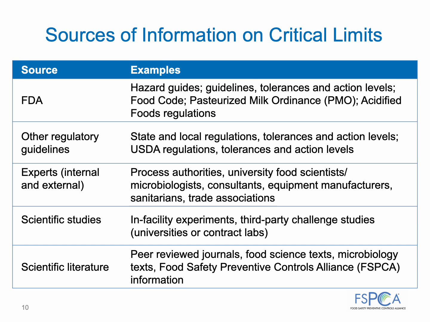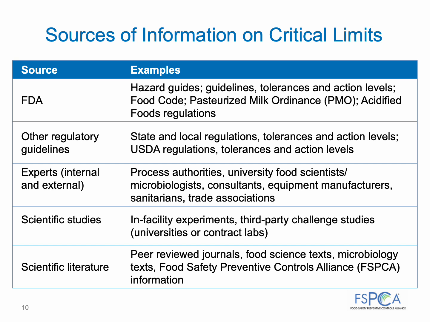Trade associations, process authorities, industry scientists, university and extension scientists also offer expertise and guidelines. Scientific studies for specific products can be conducted within a facility, at a contract laboratory, or at a university. Information can also be obtained from peer-reviewed scientific literature.